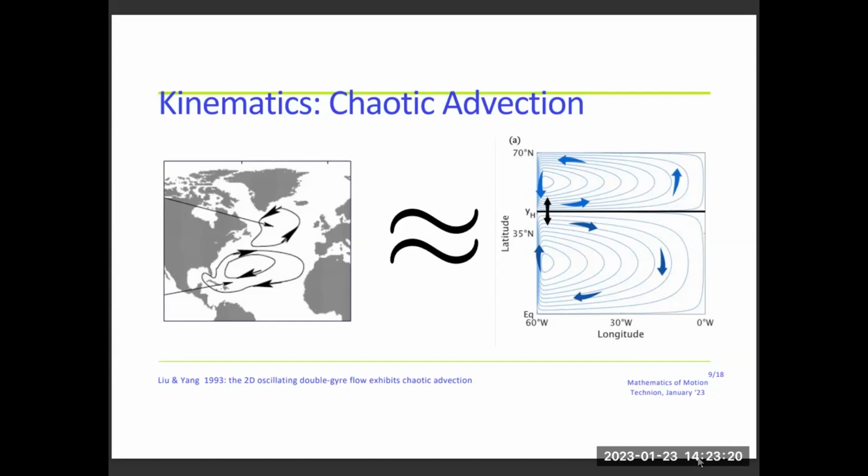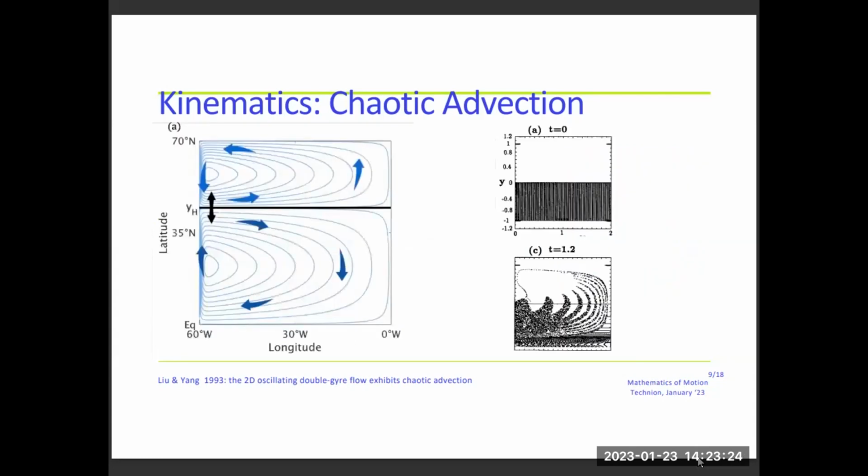And in 1993, Liu and Young showed that the 2D oscillating double gyre flow exhibits chaotic advection. So let's explain what I mean. Oscillating means that the black line between the gyres goes up and down. This is a 2D flow.